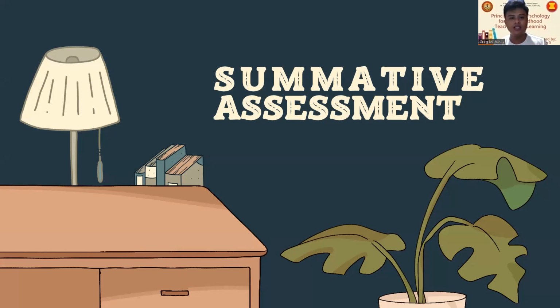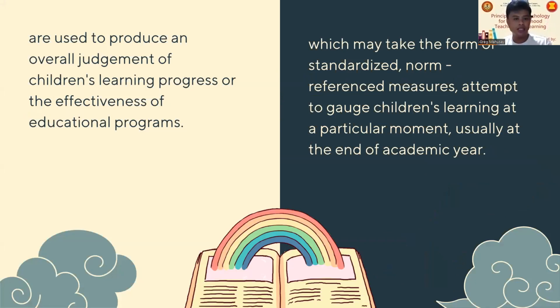So now let's talk about the second kind of assessment in assessing children's progress. Summative assessment is used to produce an overall judgment of children's learning progress or the effectiveness of educational programs, which may take the form of standardized tests or norm-referenced measures to gauge children's learning at a particular moment, usually at the end of the academic year.